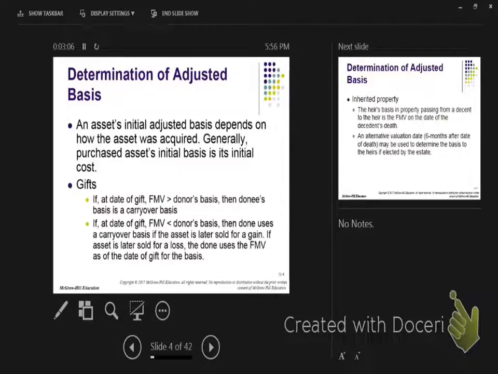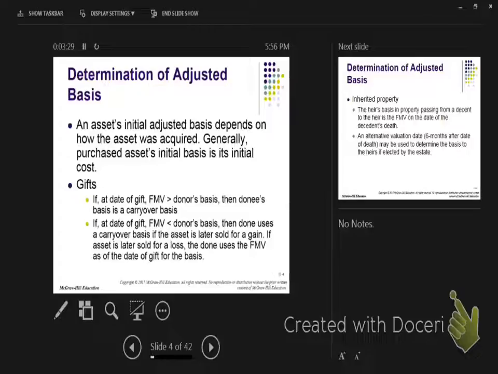If at the date of the gift the fair market value is greater than the donee's basis, then the donee's basis is what we choose. But if the fair market value is less than the donee's basis, so the value is worth less than what we thought, then we're going to use what's called the carryover basis.